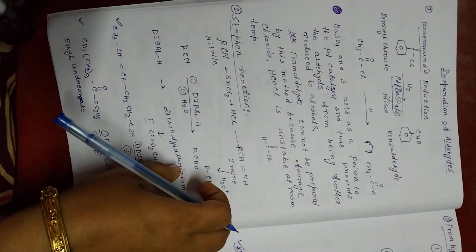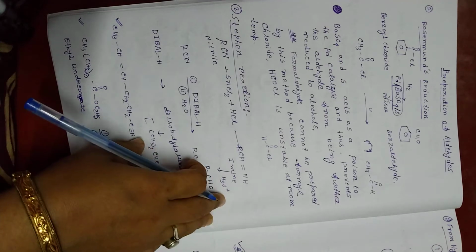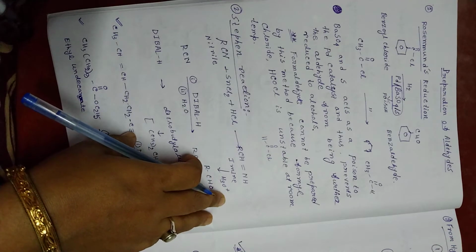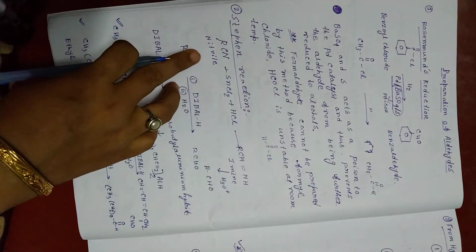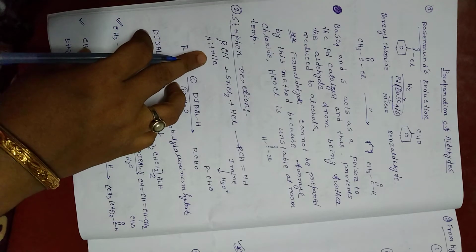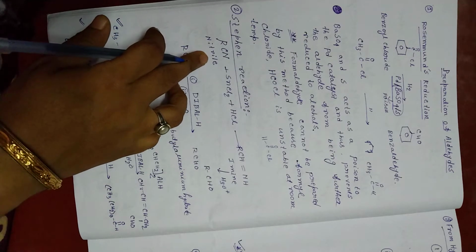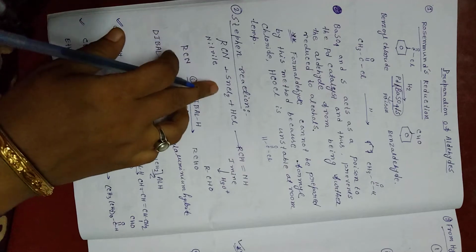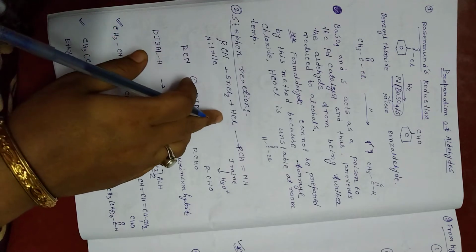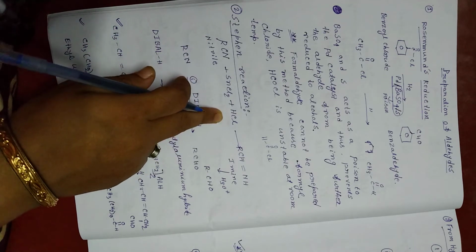Okay, next, Stephen reaction. In this Stephen reaction, we use nitrile for the preparation of aldehyde, and we use SnCl2 in presence of HCl.